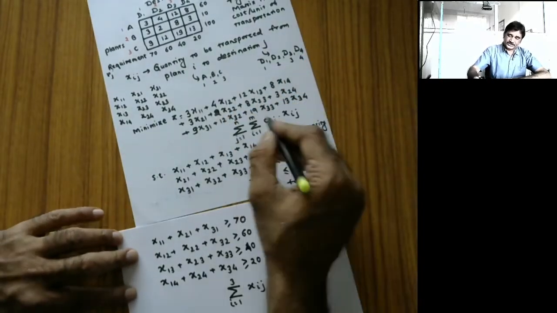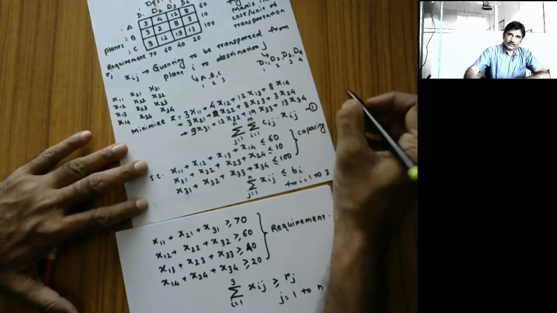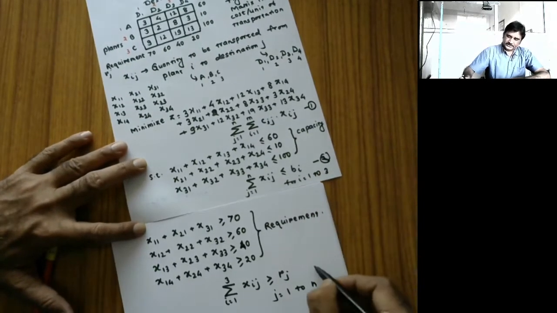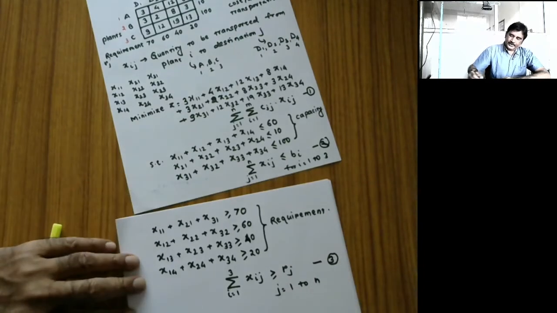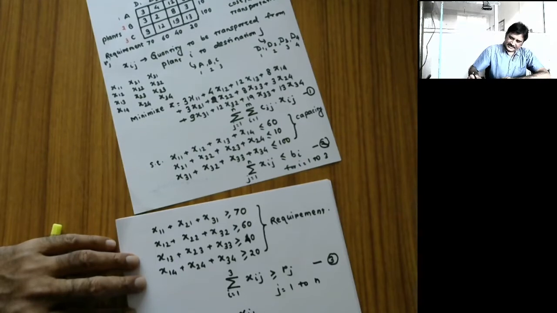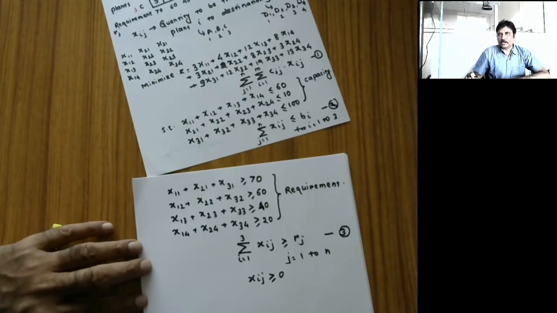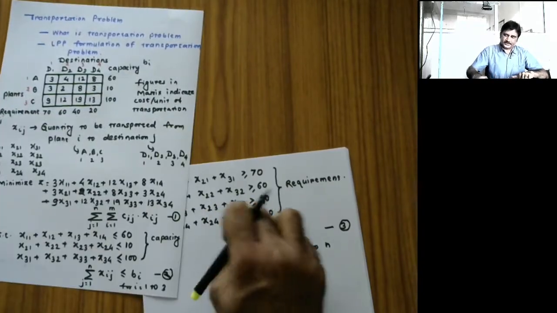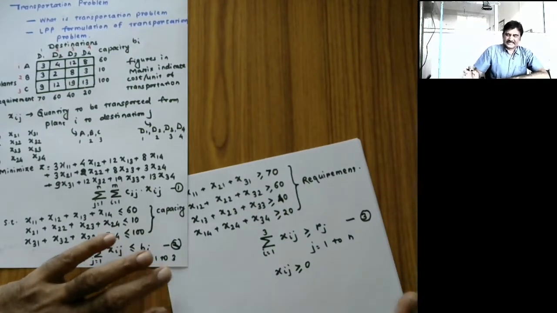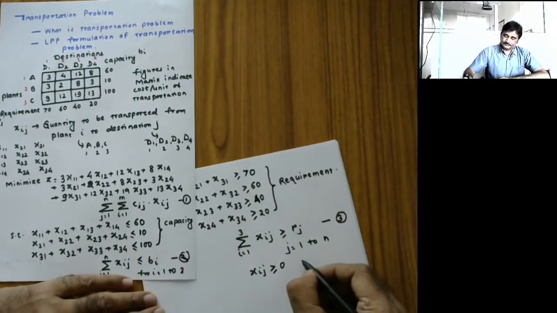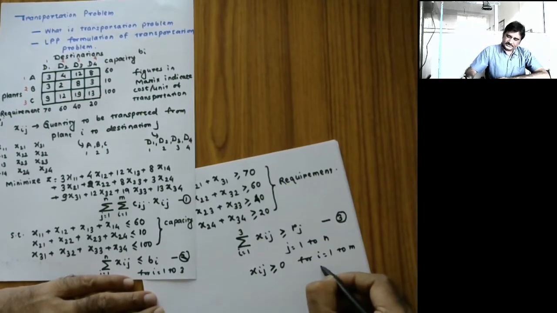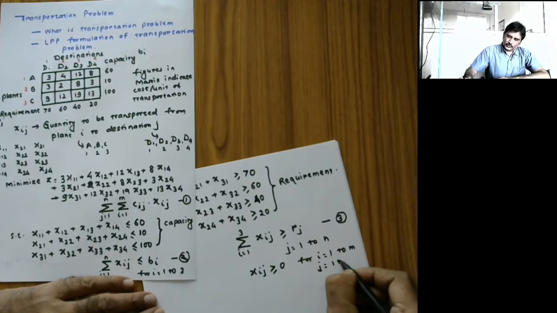So this is 1, this is 2, and this is 3, and lastly xij greater than or equal to 0 makes your generalized formulation of the transportation problem, where i goes from 1 to m and j goes from 1 to n.